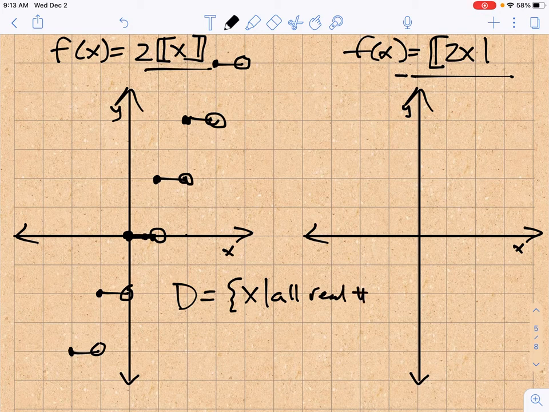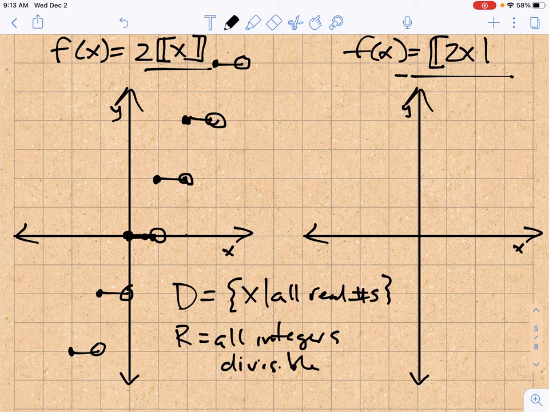Okay, but your range changes with each of these. And you'll notice that your range here is only integers, and it's also only integers that are multiples of 2. So I would say all integers, and if it's a multiple of 2, that means it's divisible by 2. And that's what you would have for this one.